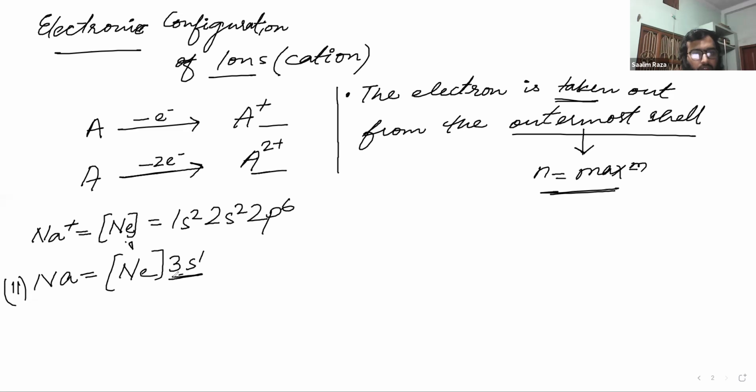Initially, you see here, this N is maximum, this 3 is maximum here. Neon represents this electronic configuration in condensed form, and in the expanded form we see that the maximum N is 2, but when the atom sodium was present, the maximum N was 3.